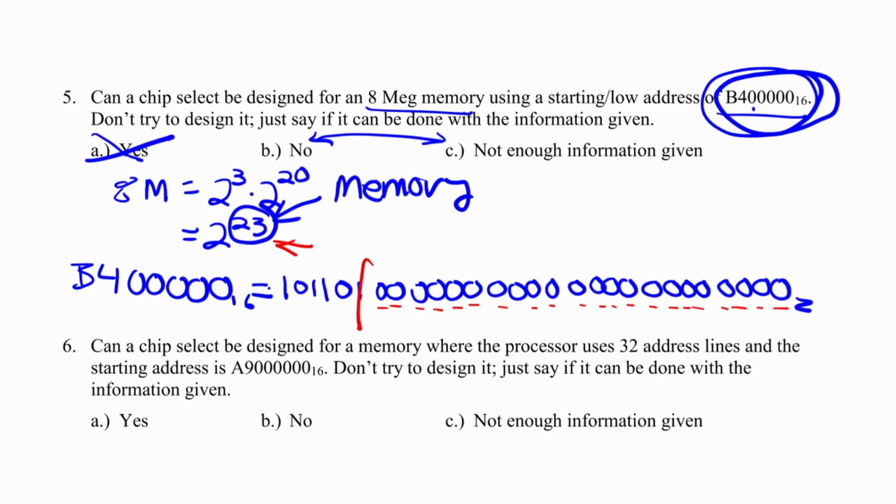We only have 22 zeros. That last one right there cannot be a bit that is part of a starting address. It has to be a 0. And because of that, this can't be done. Not only is there not enough information, but the information we've got shows that it's not going to be possible. So we go ahead and say that no, this can't be done.